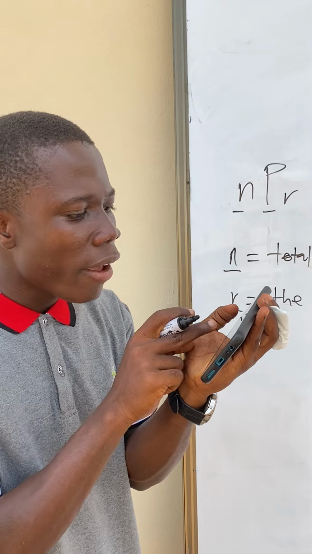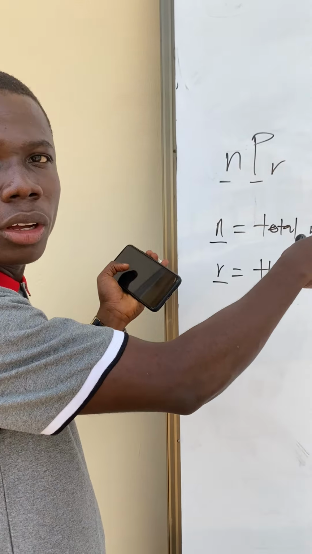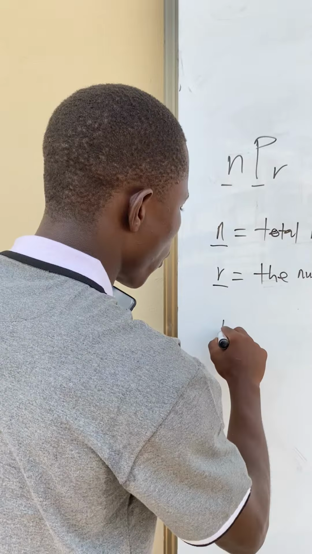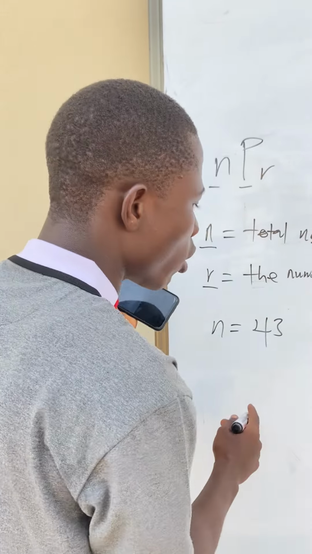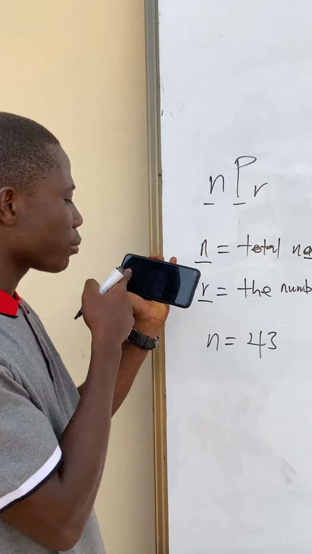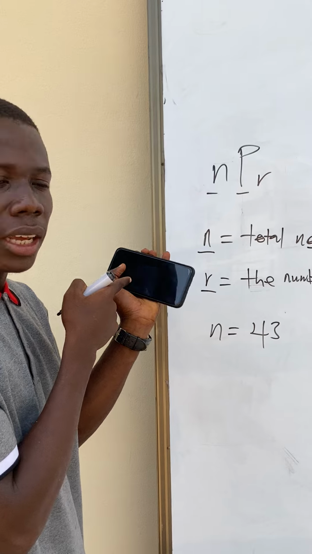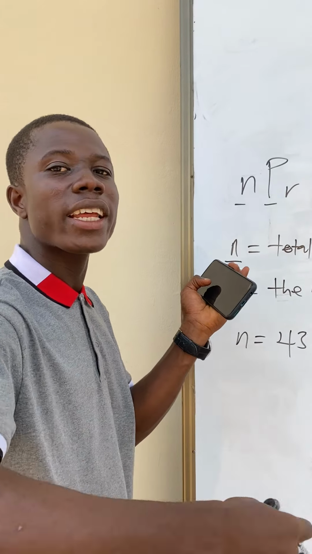So the question says 43 race cars. So it means the total number of trials is 43. So our n in the question here is 43, because the total number of cars going for the race was 43. And you said, how many ways can the cars finish first, second, and third?